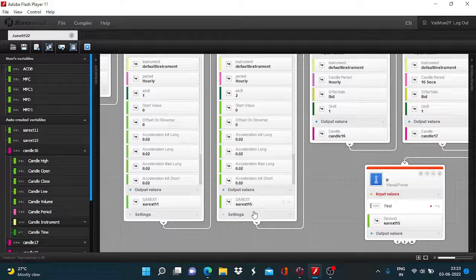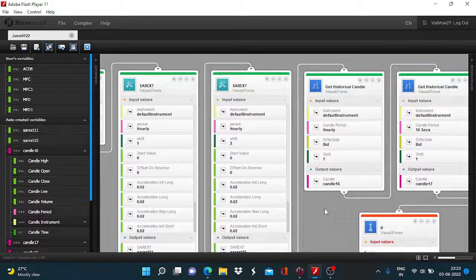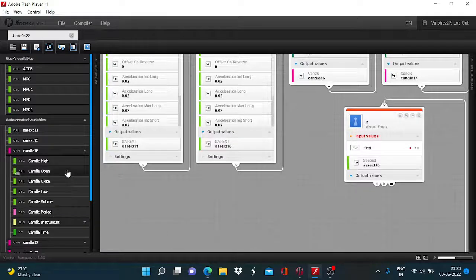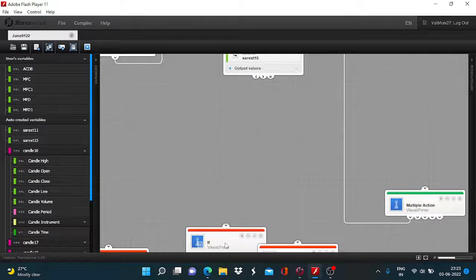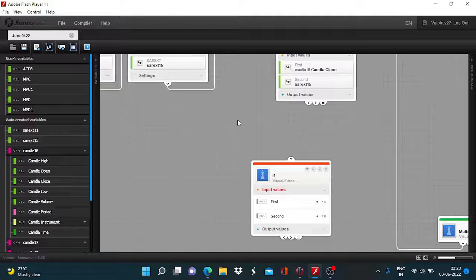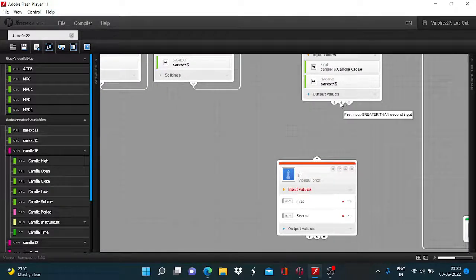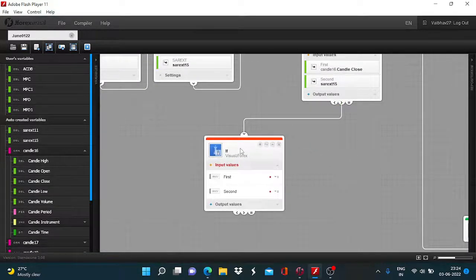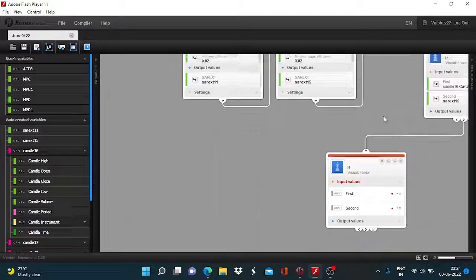SAR extended 15 is the second last hourly output of the parabolic SAR extended, and we compare it with candle 16 candle close, which is the last hourly candle close value. It needs to be higher, so first input greater than second input.